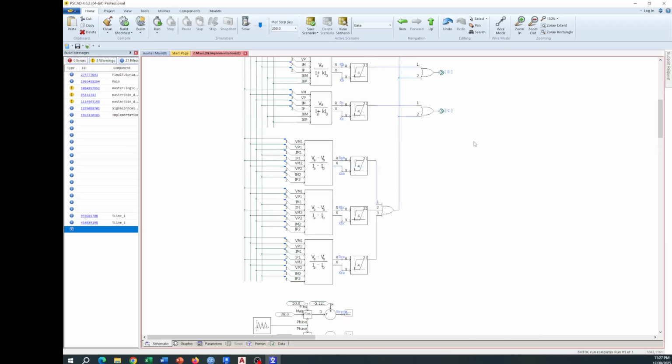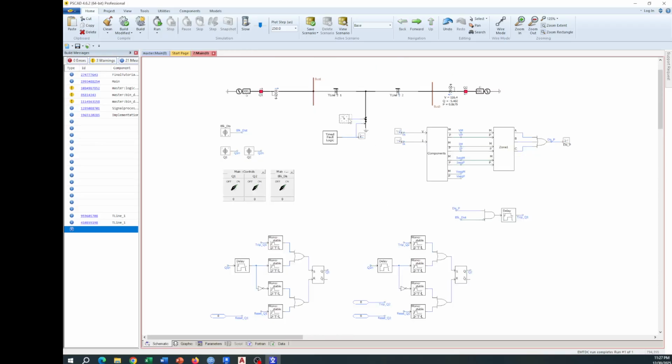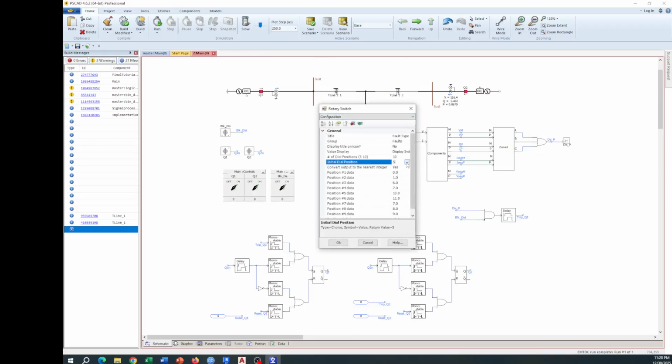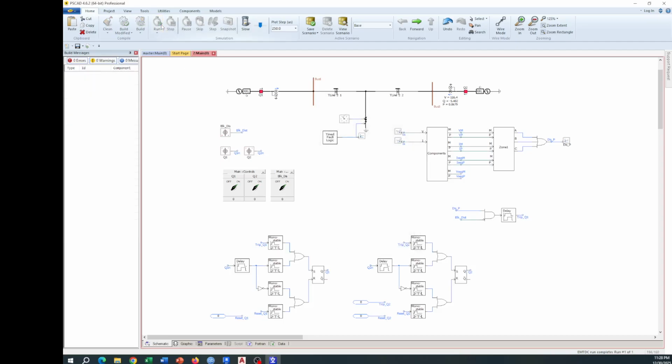So let's run our system. Here I will put my rotary switch in the first position. The first position is where there is no fault. Let's run our system.